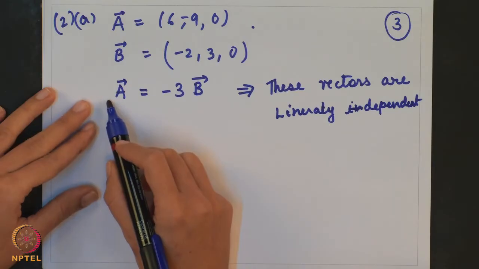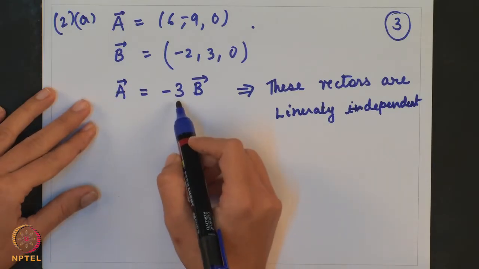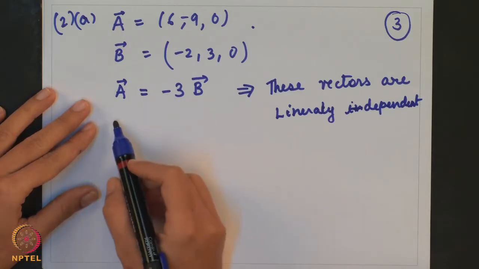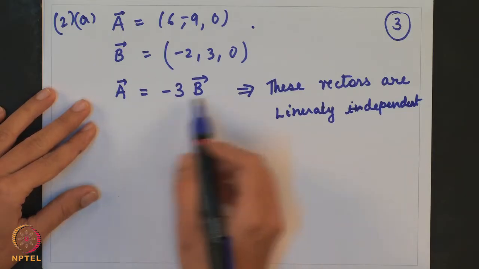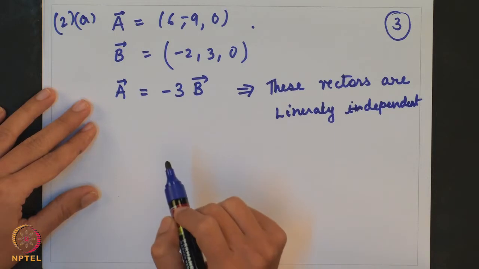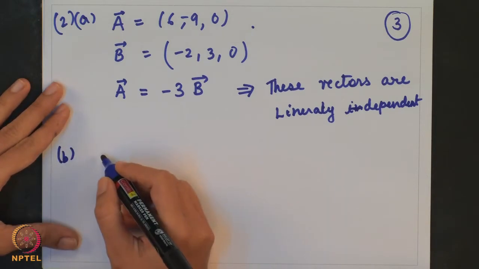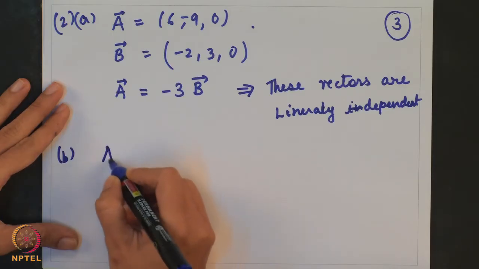Your a1 is 1 and your a2 is 3. I have to take it to the other side and I have a1 a plus 3b is equal to 0.